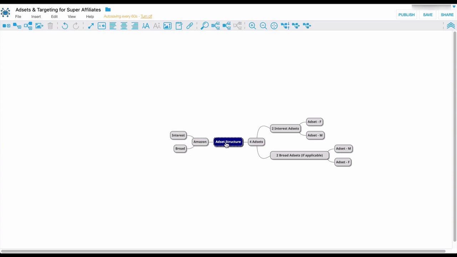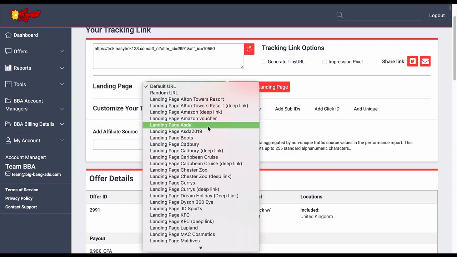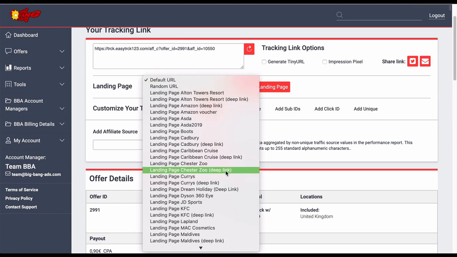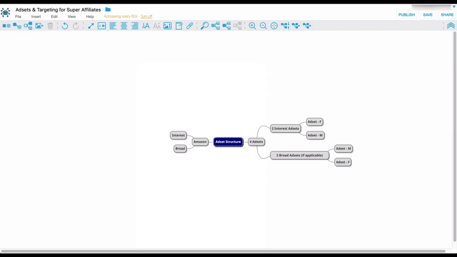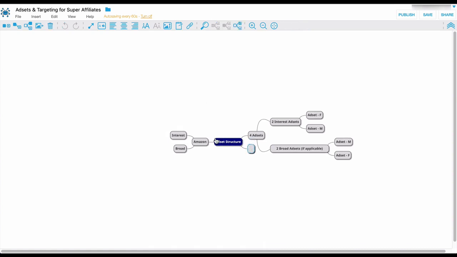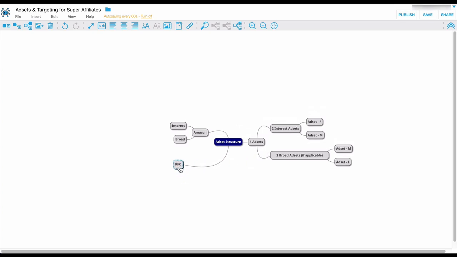All right. Another example that we could look at is KFC. I'm sure all of you know what KFC is. It's the massive fast food chain for chicken, so fried chicken. KFC as an offer would be interest only targeting.